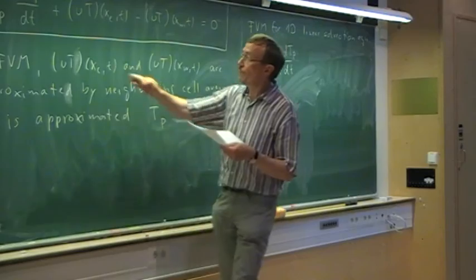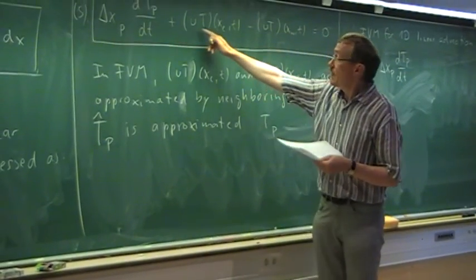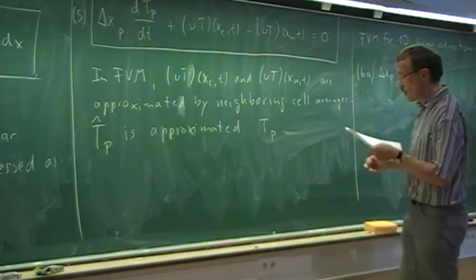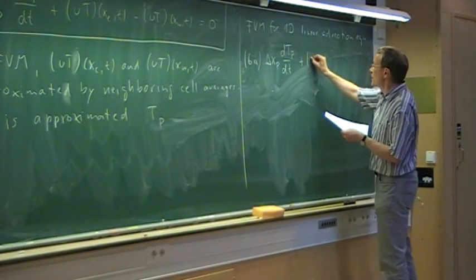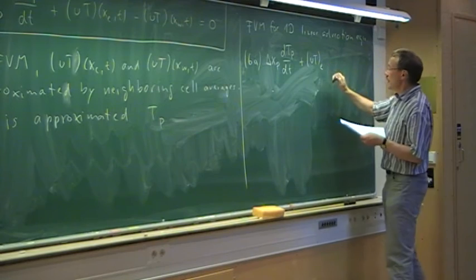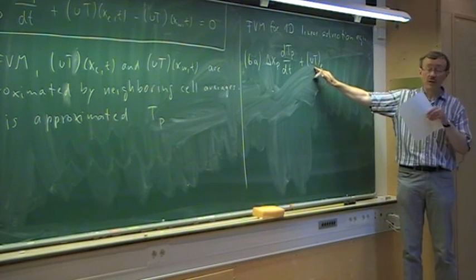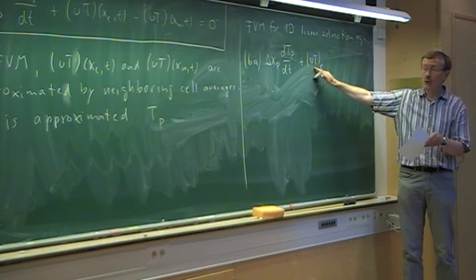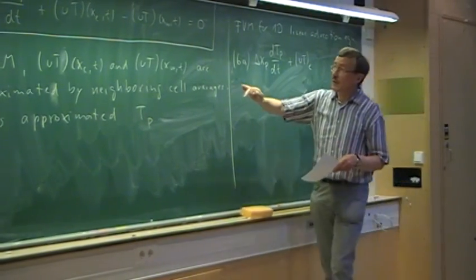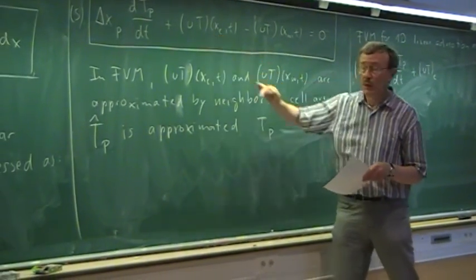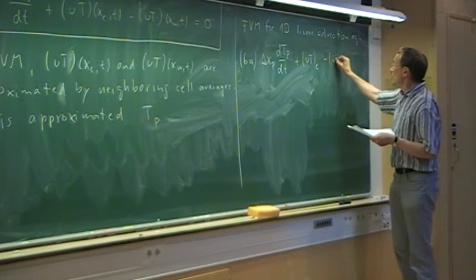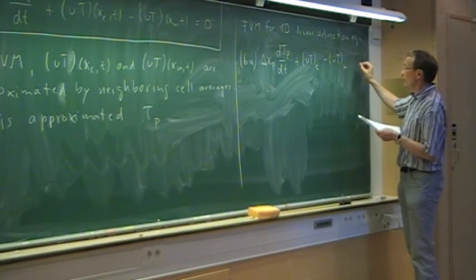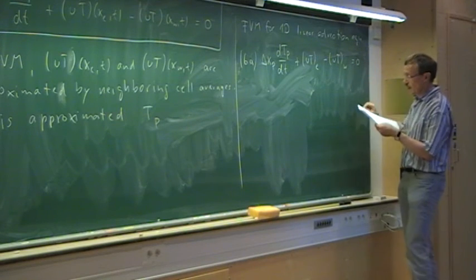And then we have to get approximations to these convective fluxes. And we indicate that by just writing an index. So that is now supposed to be an approximation of the convective flux that is here. This is the exact one, but here we use approximations. And also we use an approximation for the western convective flux.